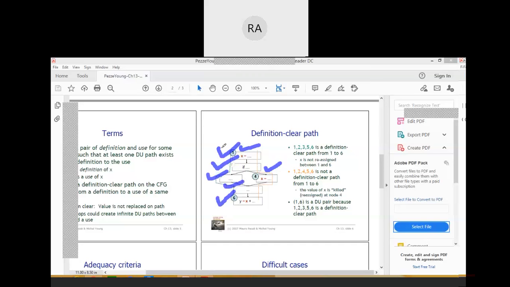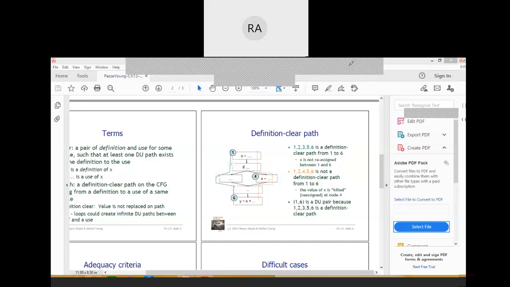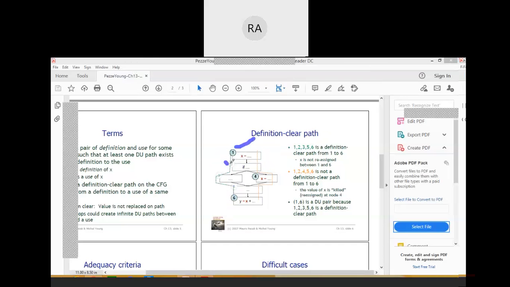Whereas, if you consider the other way, from node number 1 to 4, 5, 6, are they forming a definition clear path? Not at all. Why is it so?